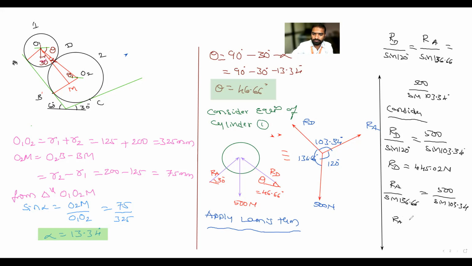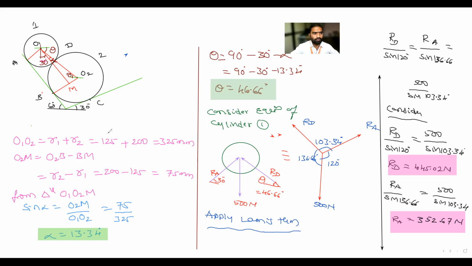What is RA? 352.67. Is it correct? Yes sir. So these are the answers.